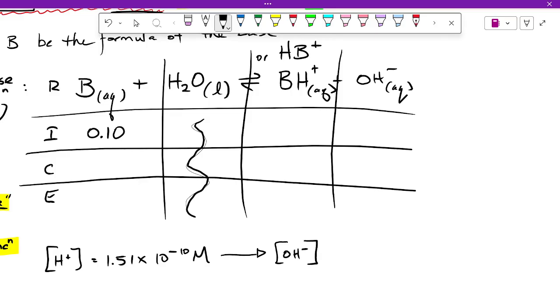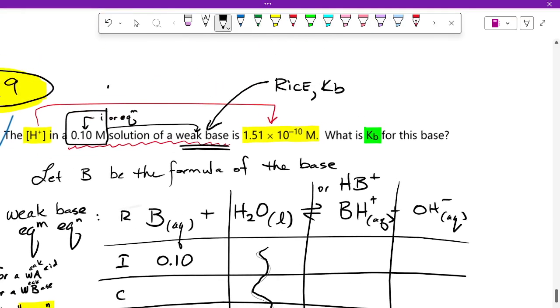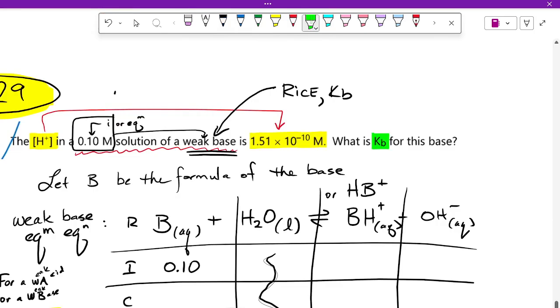So how do we know 1.51 is the hydrogen? There's the H plus concentration in a solution of the weak base is that.